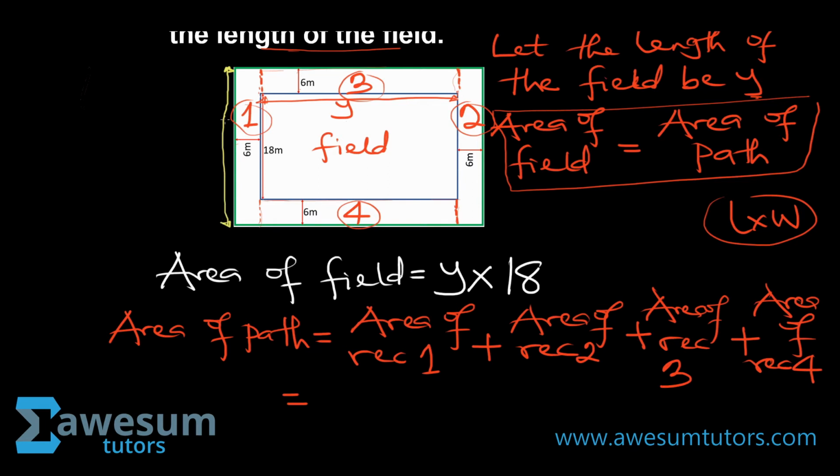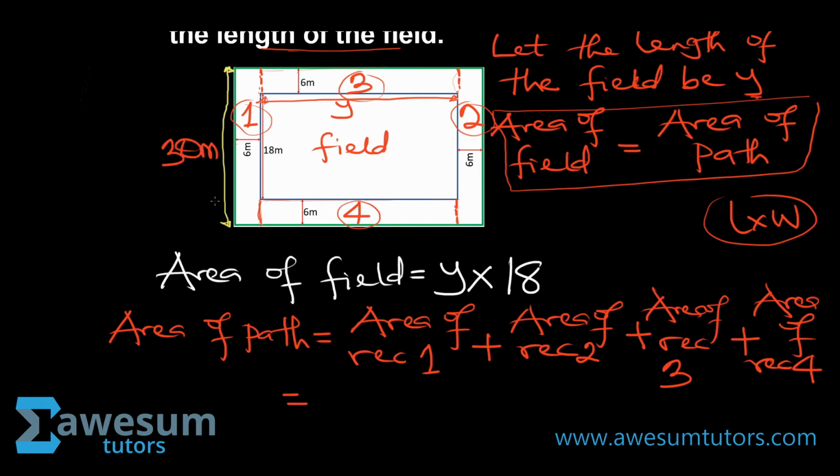You would agree with me that this rectangle is made up of this 6 right here, then 18, and then another 6. If I sum those up, 6 plus 18 is 24, plus another 6 is 30. So my length right here is 30.